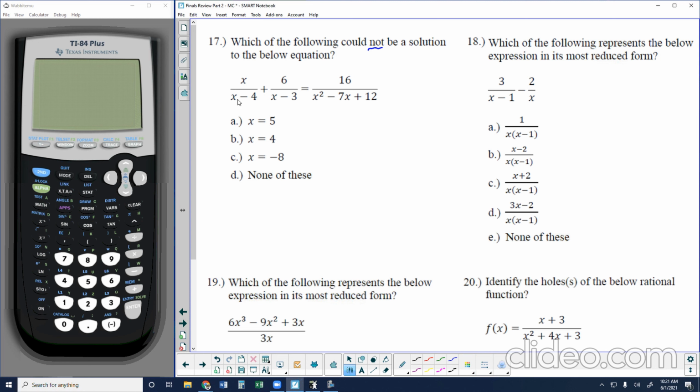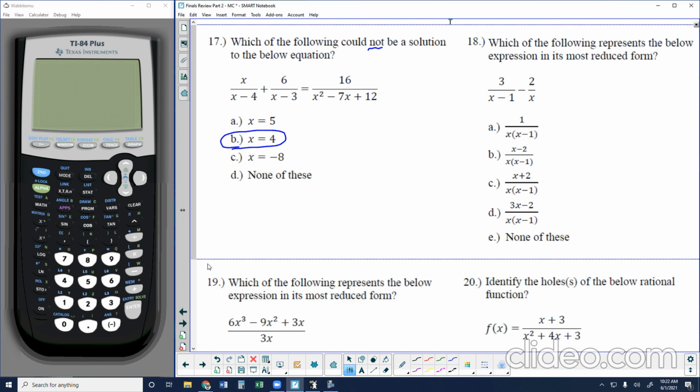If I put in a 4 there, that would give me a 0 in the denominator. If I put in a 3 there, that would give me a 0 in the denominator. So right away, I can identify that x cannot be 4. This could not be a solution, because that would give me a 0 inside the denominator of this expression, and thus it would not be part of the domain.